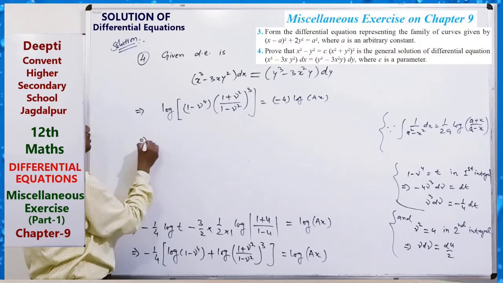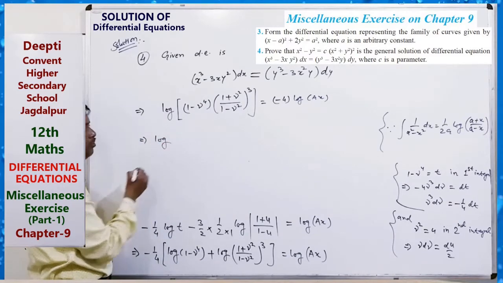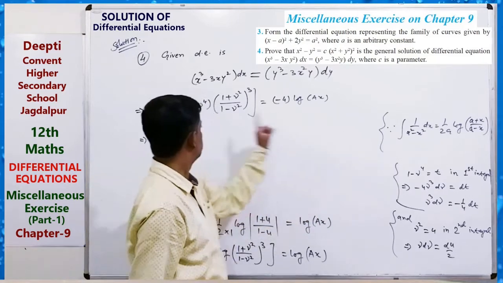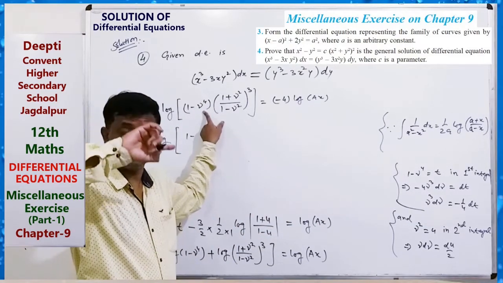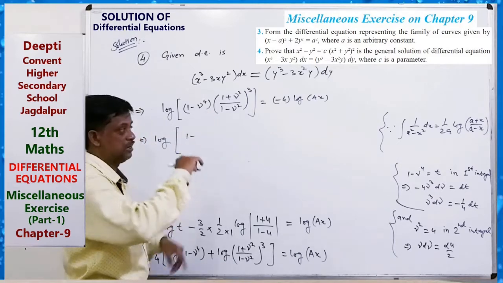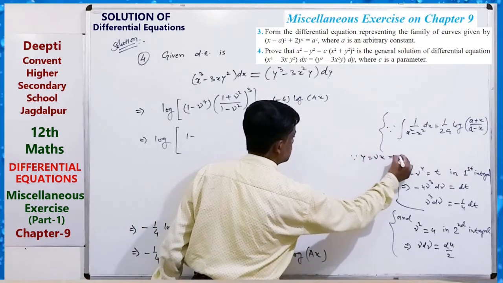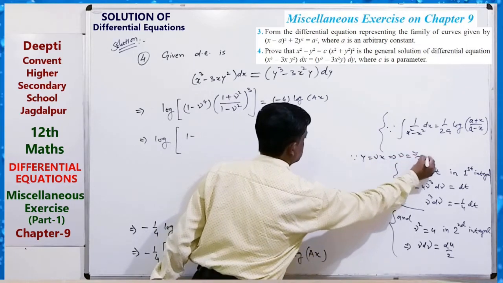So here we can see that v equals y by x, since y equals vx implies v equals y by x.